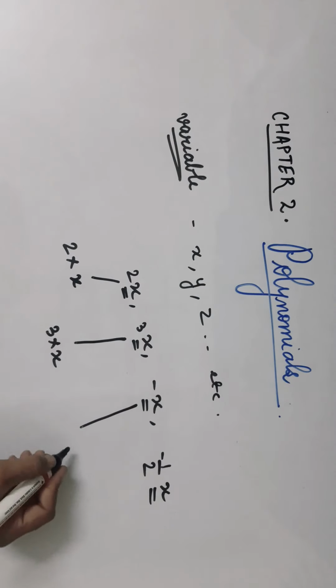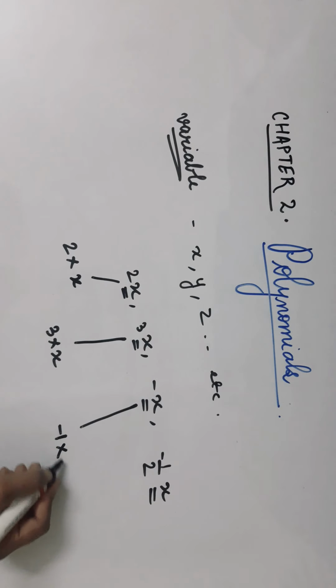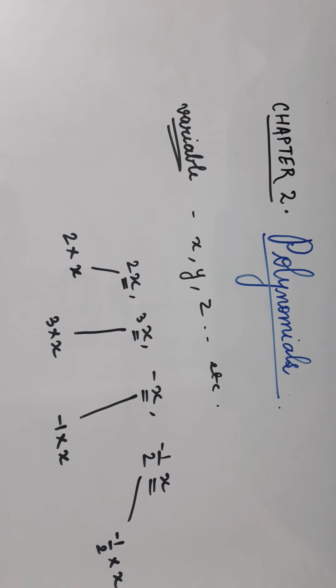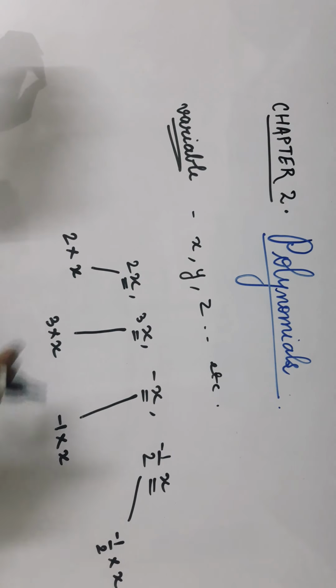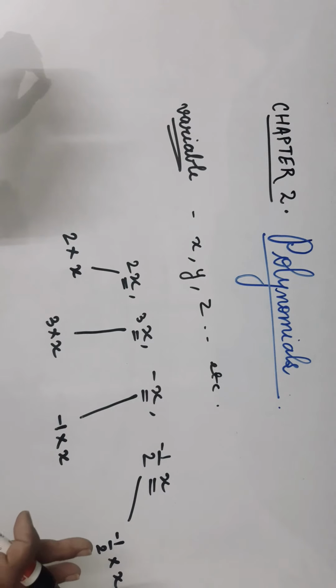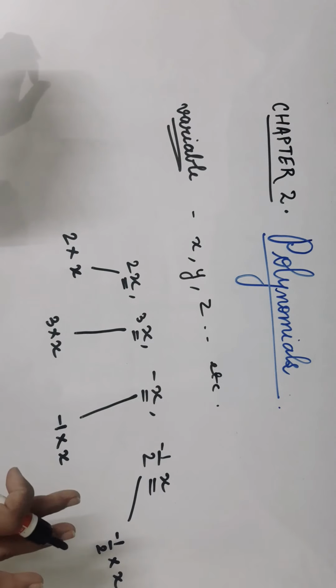In this expression, x is multiplied with constant minus 1. And in this expression, the variable x is multiplied with the constant minus 1 by 2. So in all these algebraic expressions, you can notice that the variable is multiplied with a constant.